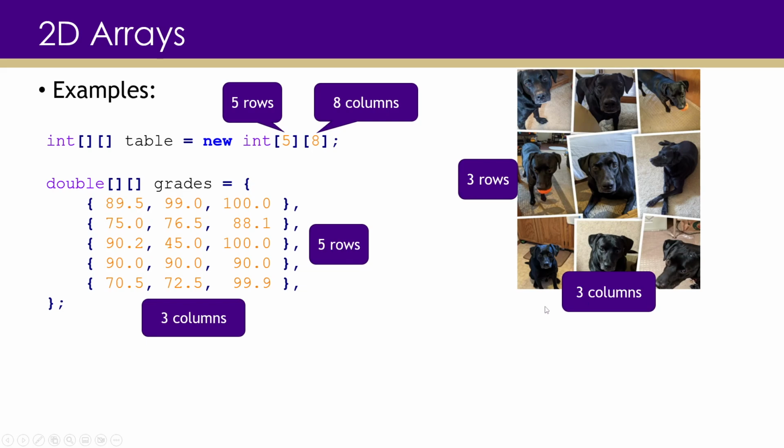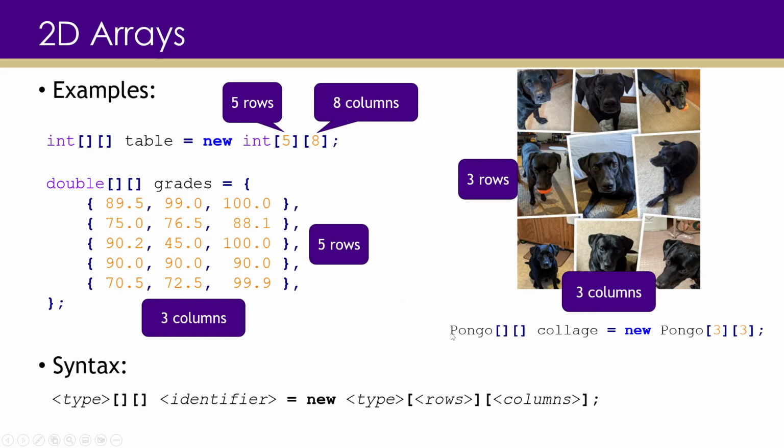We can declare that array like this, following the same syntax. We start off with the type, 2 pairs of square brackets, the name of the identifier for the variable, our assignment operator, our keyword new, saying that we're going to create something, the type, and then in these 2 pairs of square brackets, we have the number of rows followed by the number of columns. Row, column, that is the order that we follow.